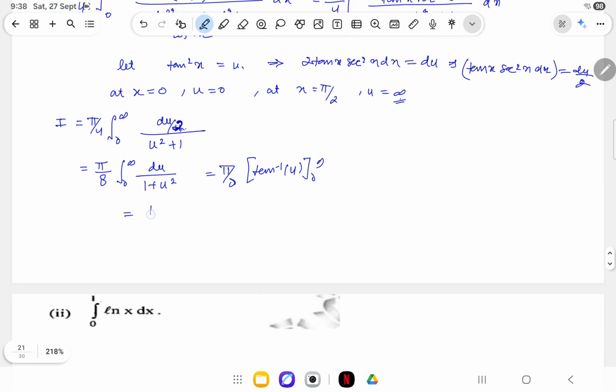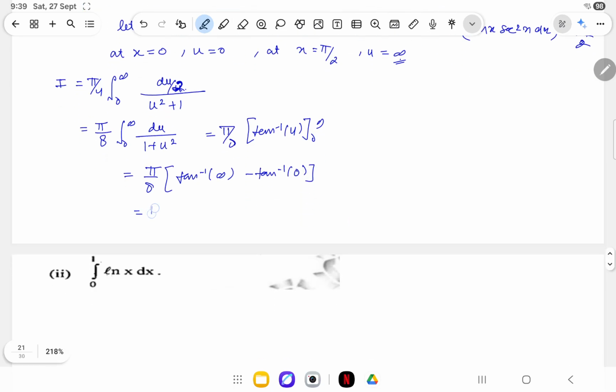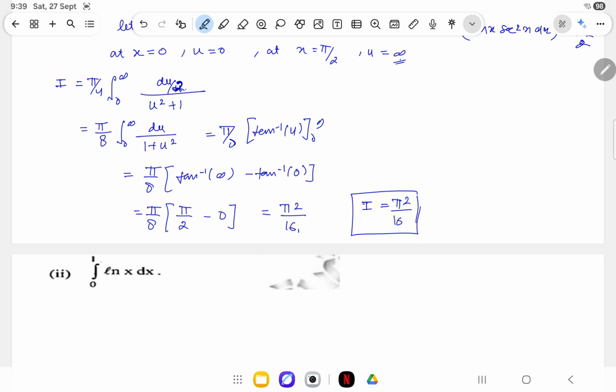So that is equal to pi by 8 into tan inverse infinity minus tan inverse 0. Tan inverse infinity is basically pi by 2, and tan inverse 0 is 0. So it is equal to pi square by 16. So my I is basically equal to pi square by 16. This is the value of the given definite integral.